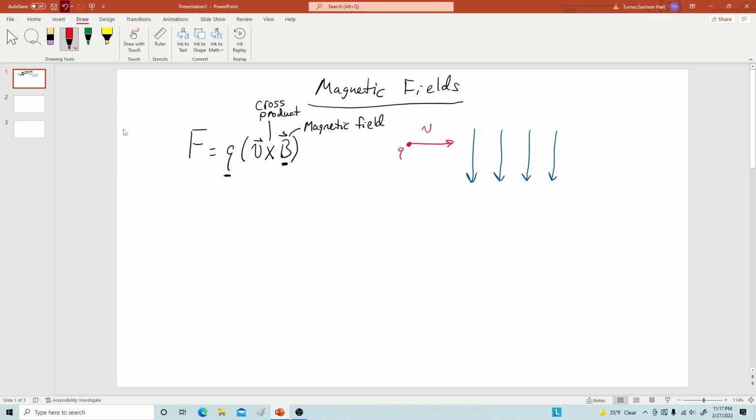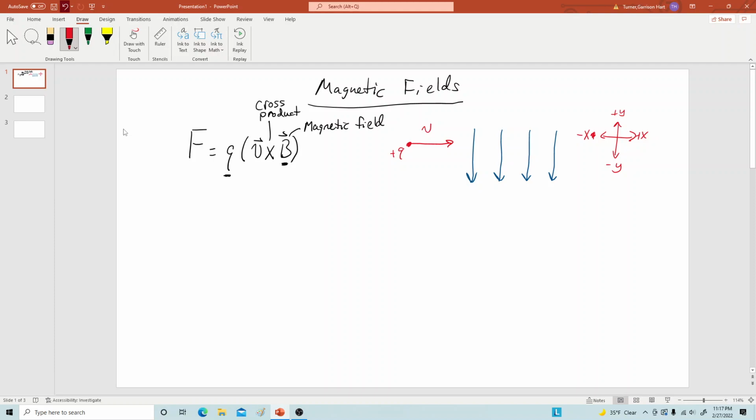And if we draw a coordinate system, since this is a vector operation, let's draw our coordinate system like this. And we'll assume for the moment that our particle is positively charged. So the right-hand rule.